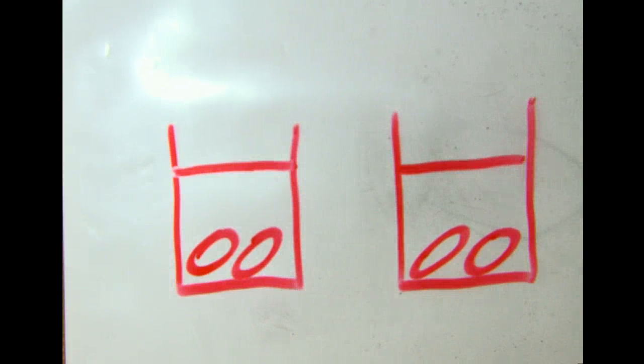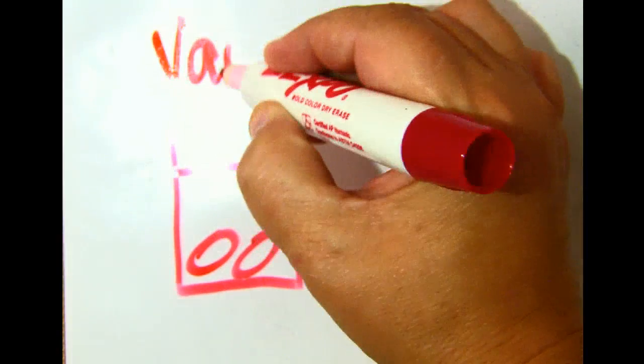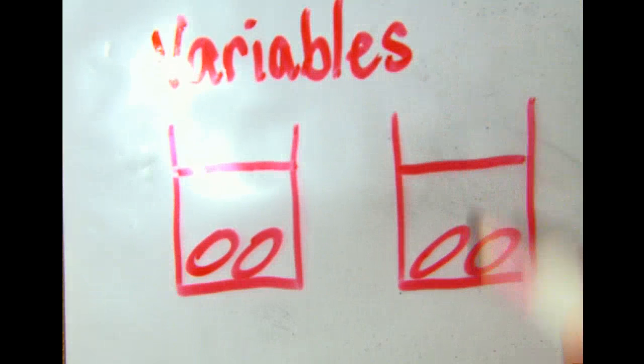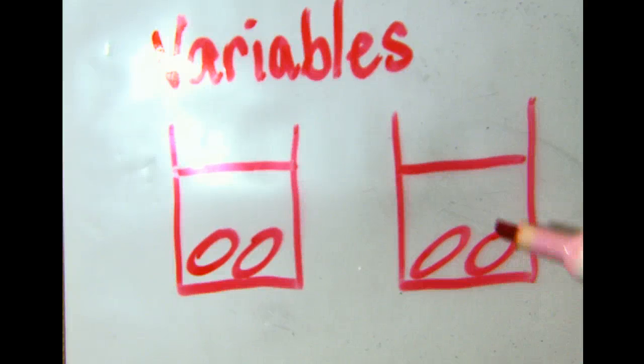And all of these things are called variables, okay? So variables are the things that we use to evaluate a testable question. So in this case, the tank, the water, the mussels, those are all variables.